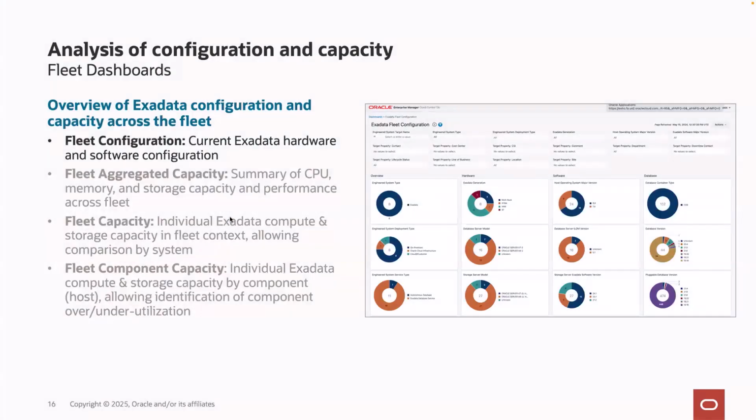So with one of the dashboards, the fleet configuration dashboard, we can provide details about every component on the Exadata. So we have which type of Exadata, Exadata generation. We have information about storage server generation, switches, and software also.